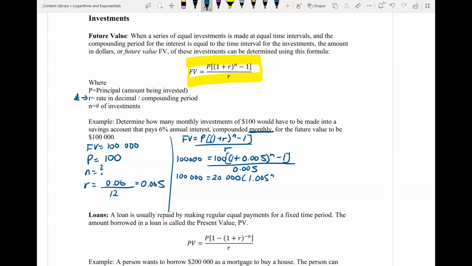Then I added the 1 and the 0.005 together. The next thing I'm going to do is divide both sides by 20,000. So 100,000 divided by 20,000 is 5.